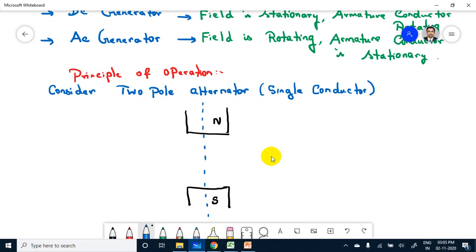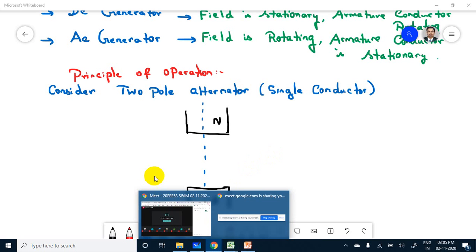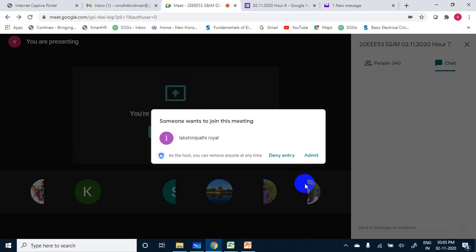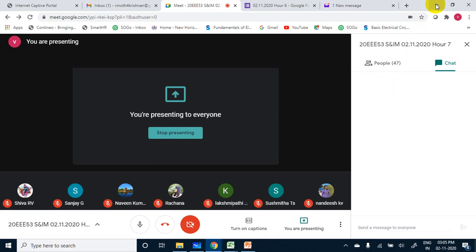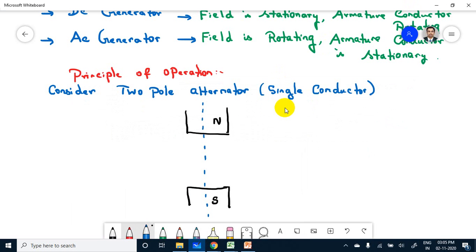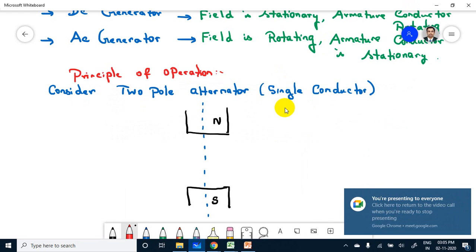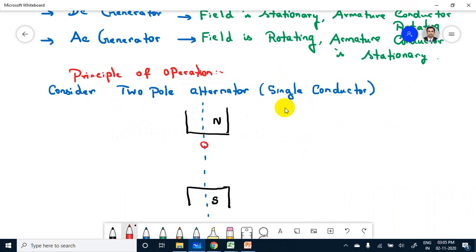For every pole there are two conductors, so there are four conductors. We are placing four conductors: conductor 1, conductor 2, conductor 3, conductor 4. This small circle is called a conductor.